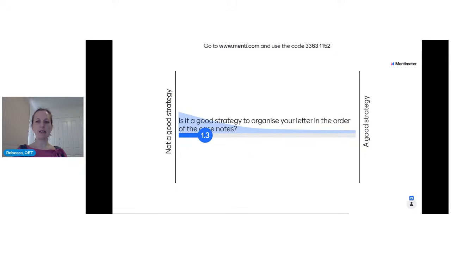Most people in chat are saying no. Mary is saying it needs to be organised according to the type of case notes, like perhaps from the visits. Sanoba is saying not a good strategy. And the final poll result is much more closely to not a good strategy than towards the other end.